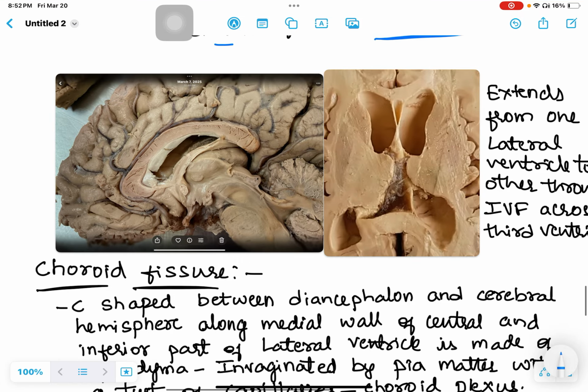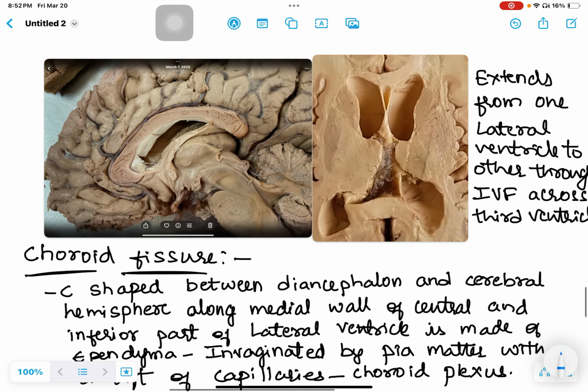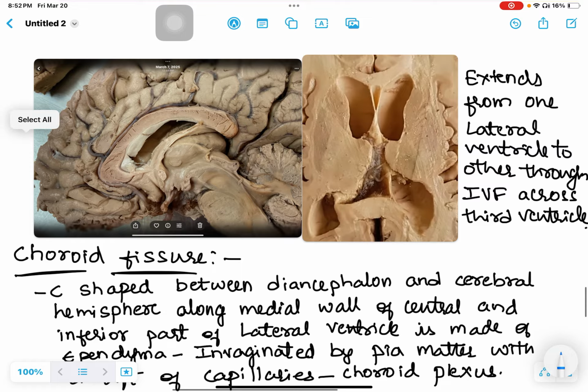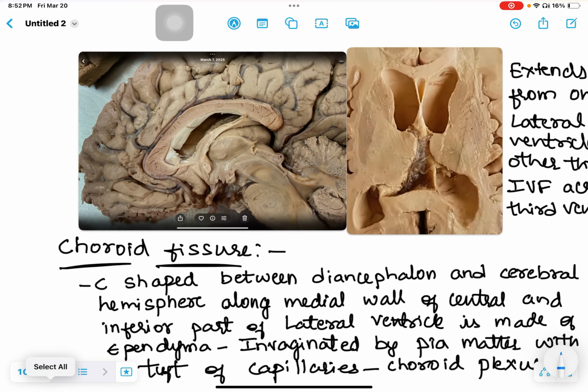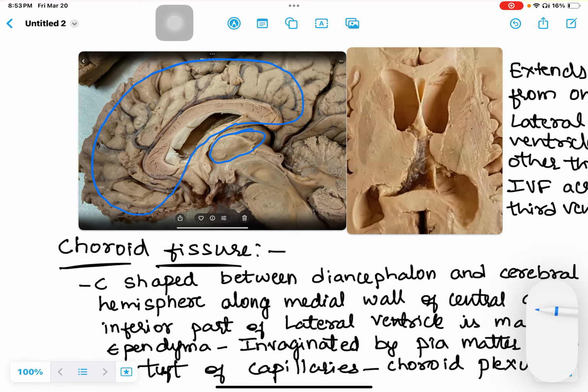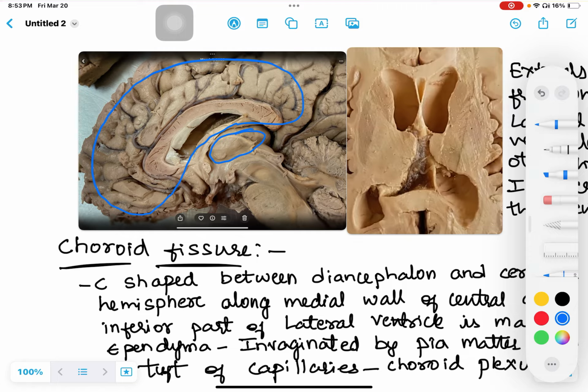Next, coming to the choroid fissure. What is this choroid fissure of the lateral ventricle? It is the small gap present between the diencephalon, which is mainly formed by thalamus, hypothalamus, subthalamus, etc., and the cerebral hemisphere.